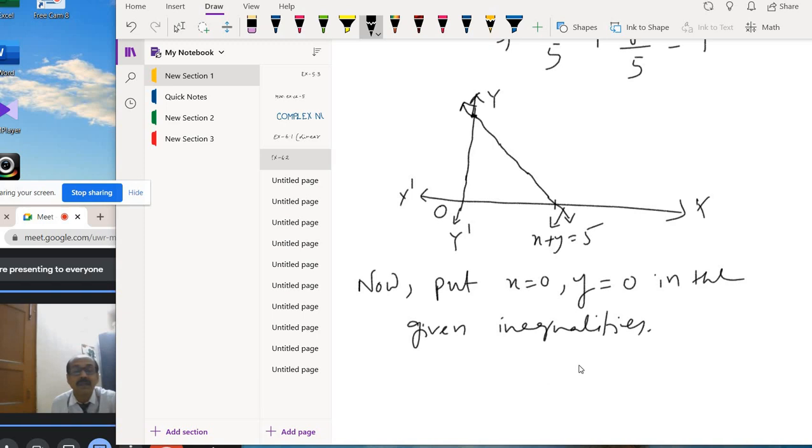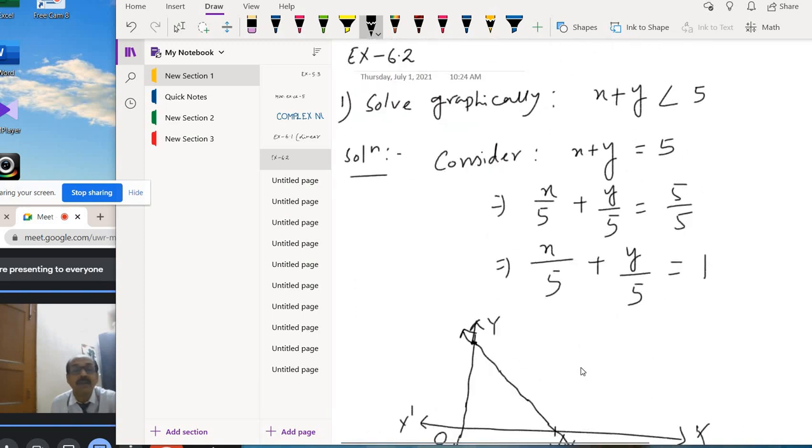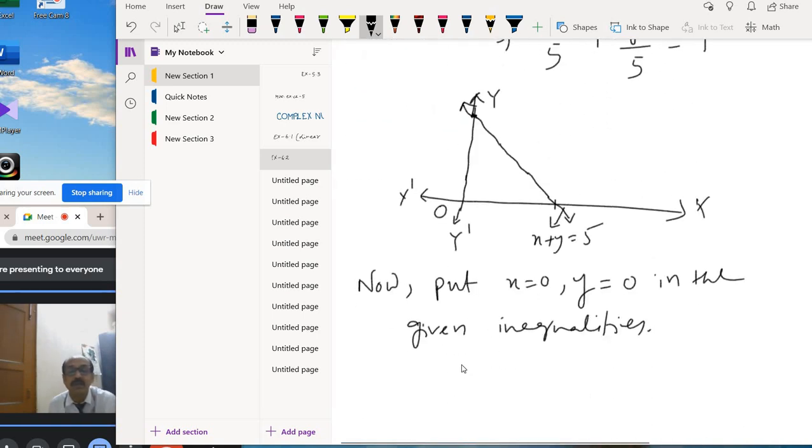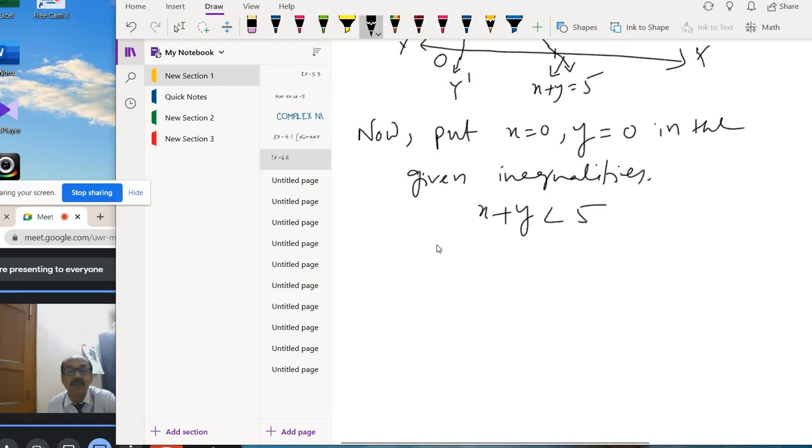Okay, and the inequality is x plus y less than 5. So putting 0, 0. So 0 plus 0, that is 0. 0 less than 5, which is a true statement.